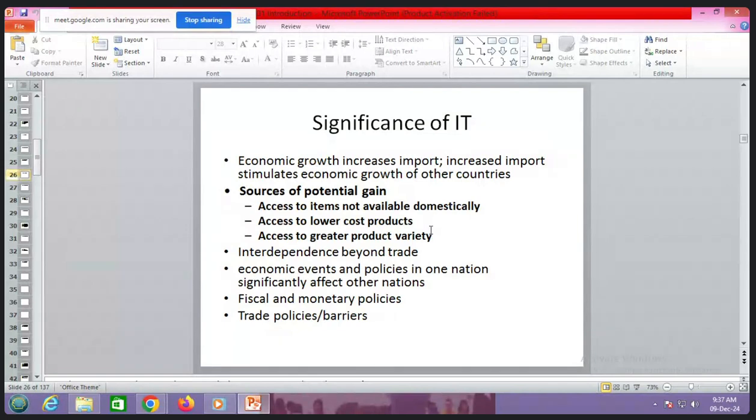And what you are trying to say here is that when you trade with other countries, it is not just the trade that happens between the two countries. What actually happens is there is a lot of interdependence which is beyond trade. There are a lot of diplomatic ties.